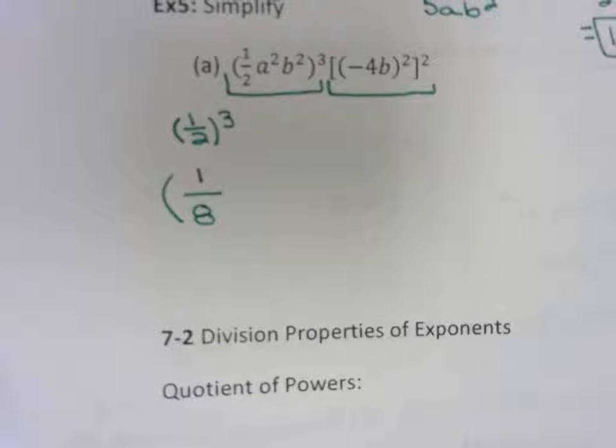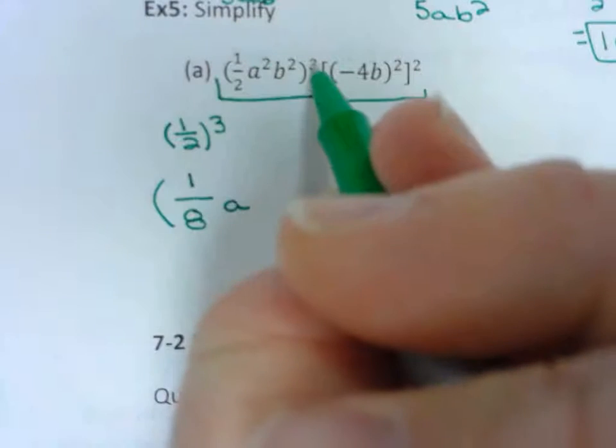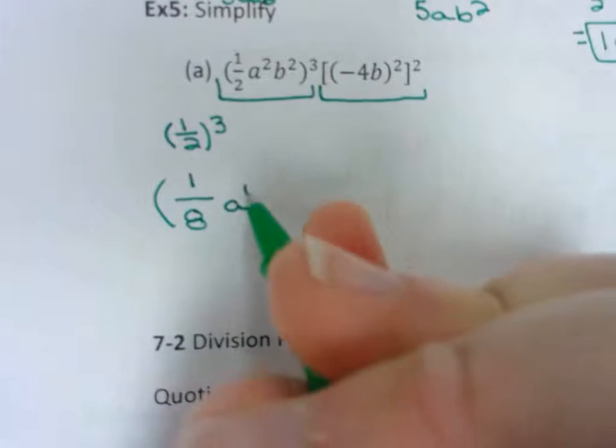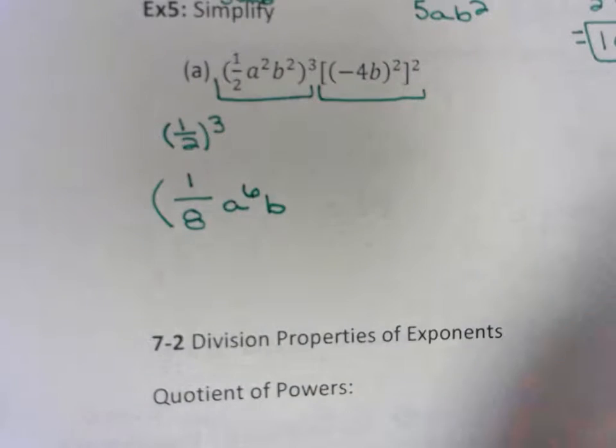Look back at your notes. We just talked about it. What do I do with my exponents if it's a power to another power? So this is going to be a to the 6, b to the 6.